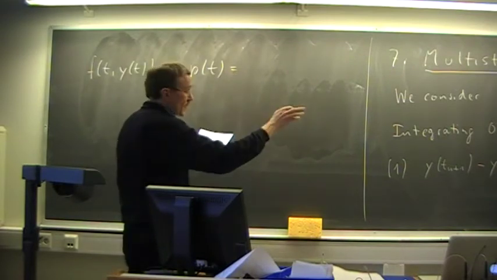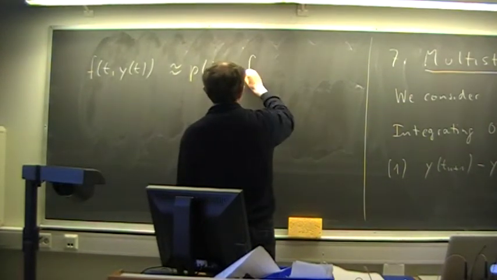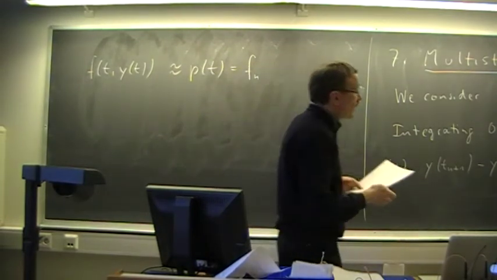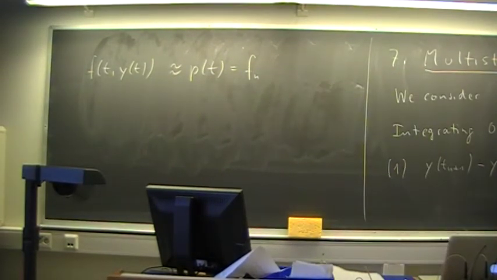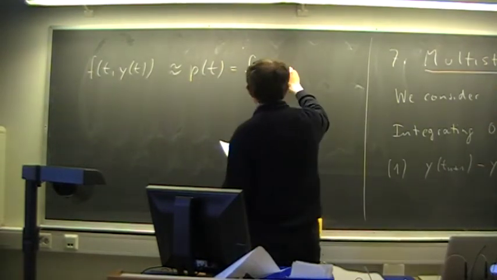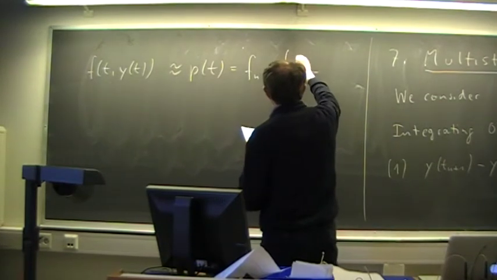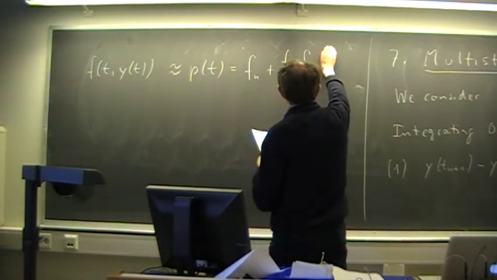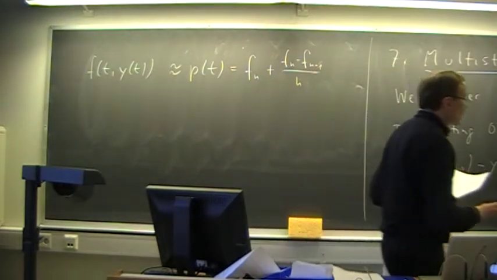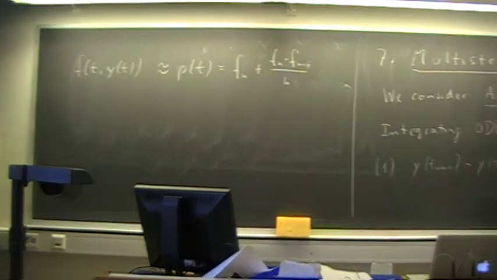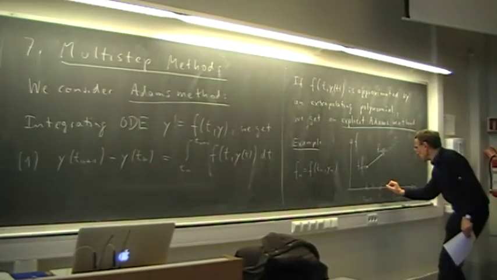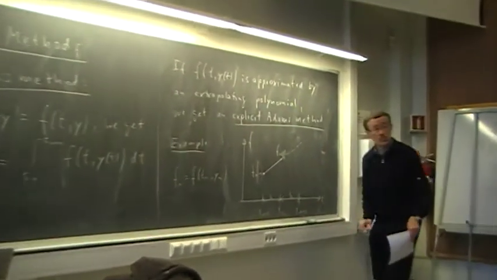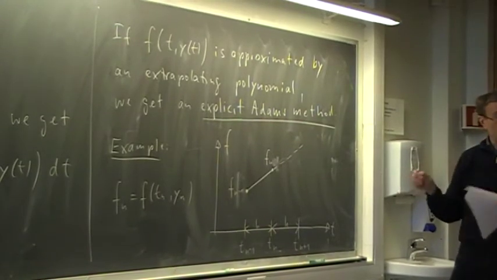In this particular example, we start from fn and then continue with the slope that we have determined from what we already have. The slope is fn minus fn minus 1 divided by h, because the grid spacing here is h, and also here, that is h. And watch again, it's the same h.